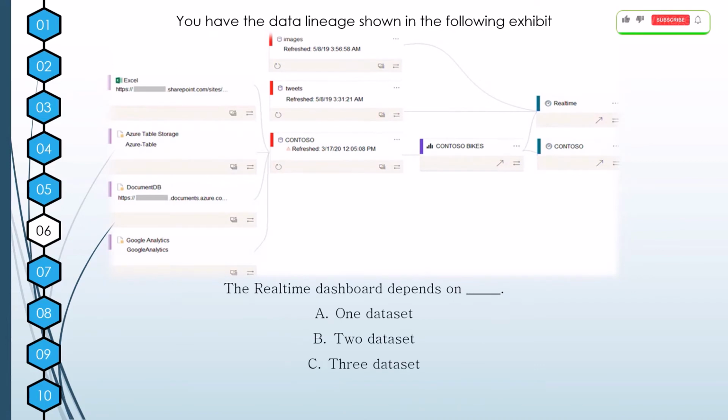You have the data lineage shown in the following exhibit. The real-time dashboard depends on A1 dataset, B2 dataset, C3 dataset. The real-time dashboard depends on C3 dataset.